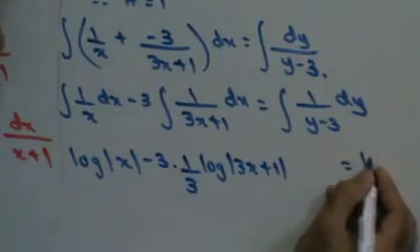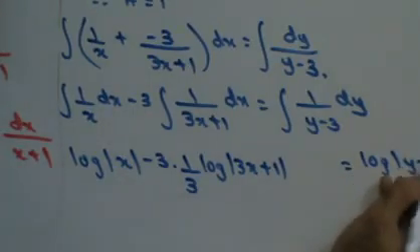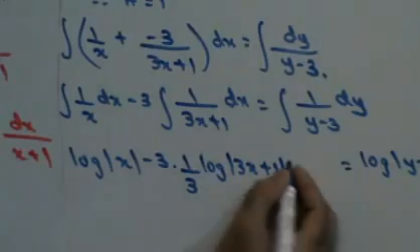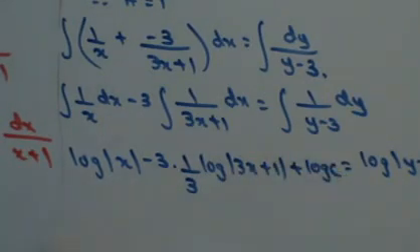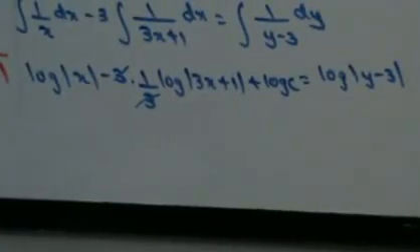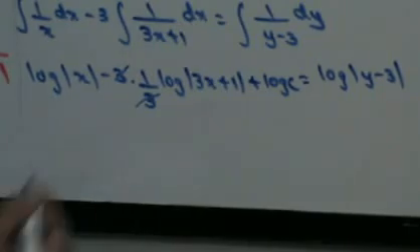is equal to log mod y minus 3. Since all the terms are in terms of log, I'll have to write the constant also in the form of log. 3 and 3 get cancelled. In log, subtraction changes to division and addition changes to multiplication.